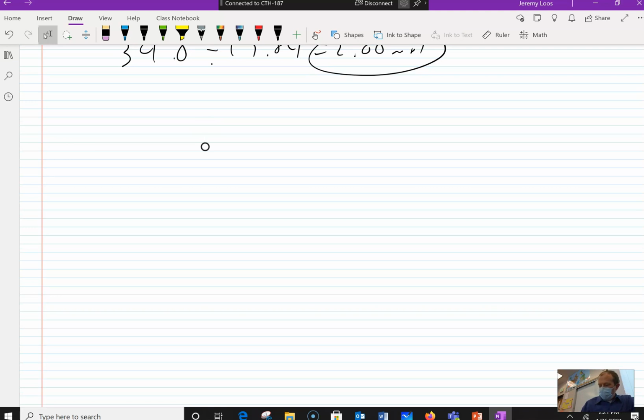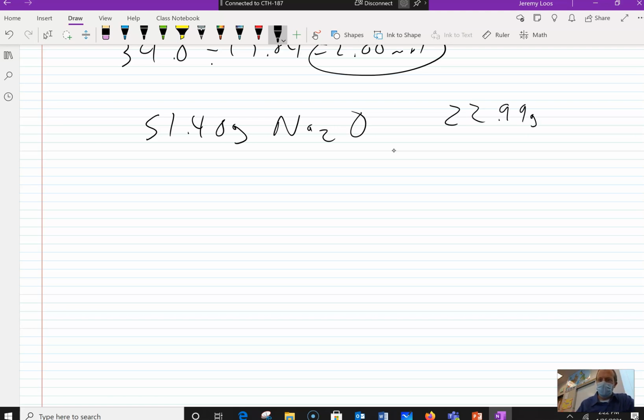So, number 2. It says 51.40 grams Na2O. Okay, so again, the first step that we got to do here is add up the molar mass of this Na2O. Sodium's mass, if we round it 2 past the decimal, is about 22.99 grams.